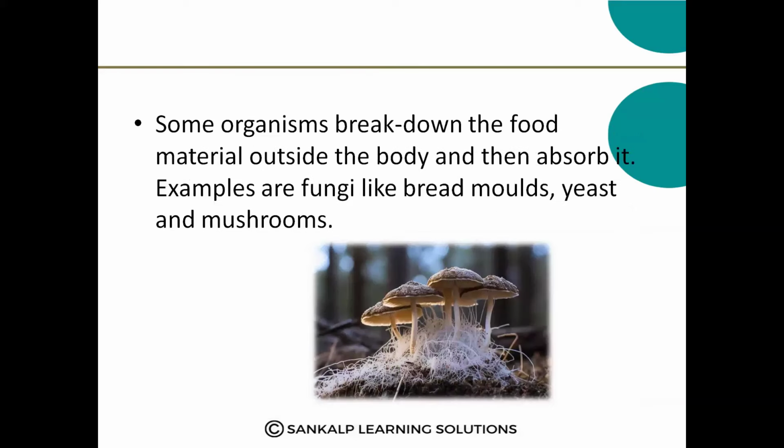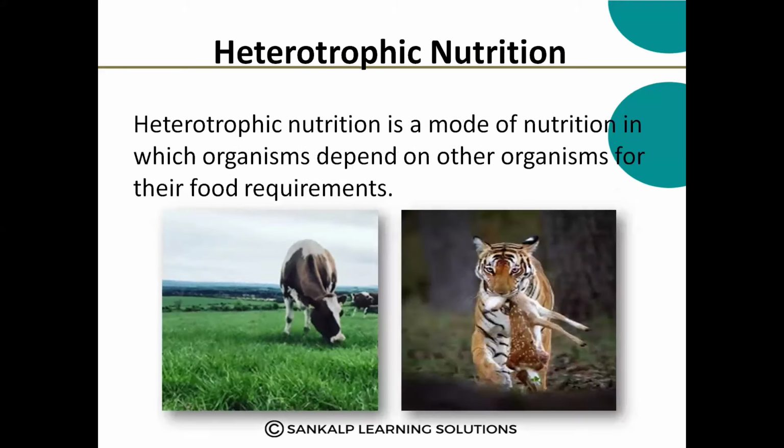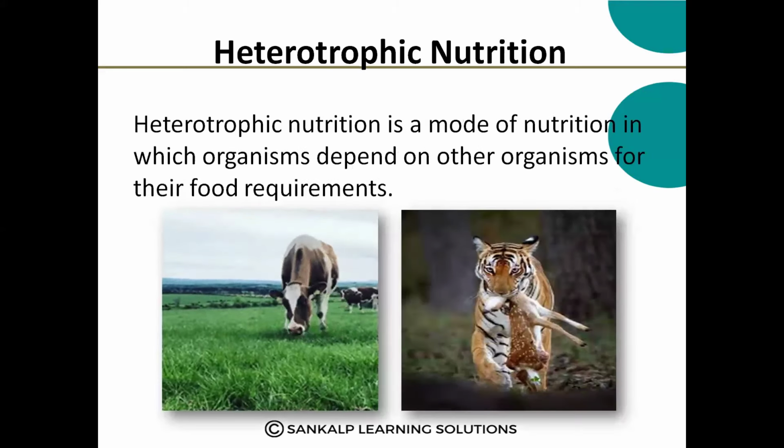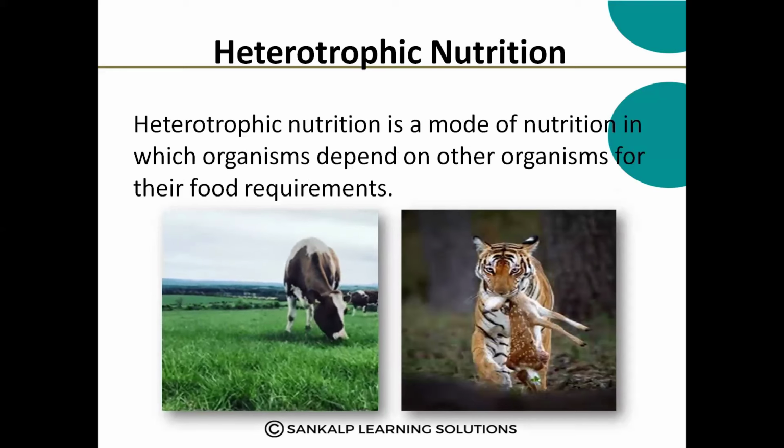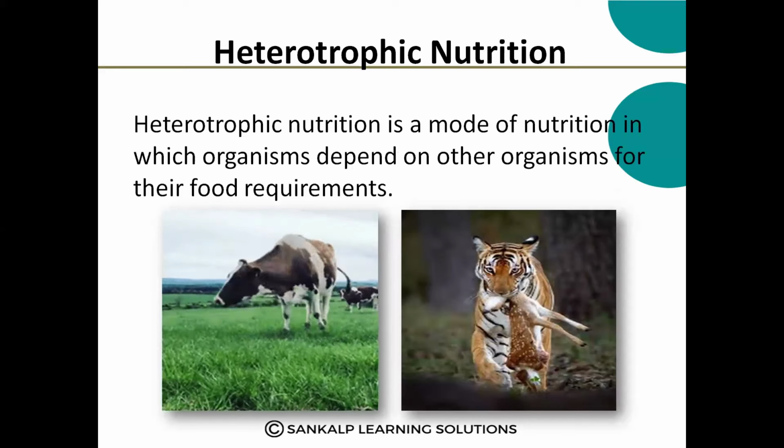In both herbivores and carnivores, which depend on the plants and indirectly depend on the plants, they completely eat the organisms and the food gets digested inside the body, right? In this picture you can observe the tiger taking the deer completely into its body as food.